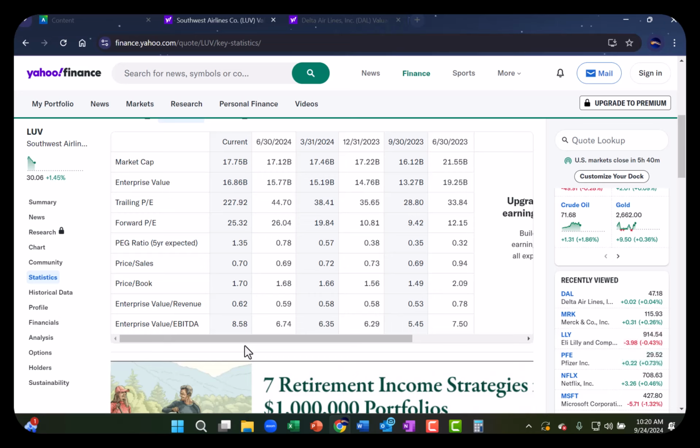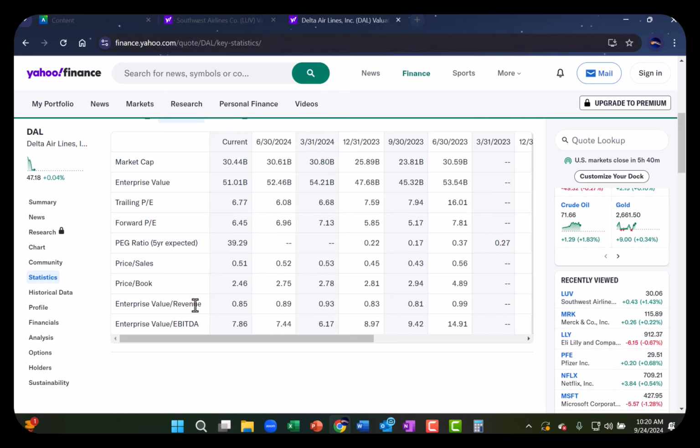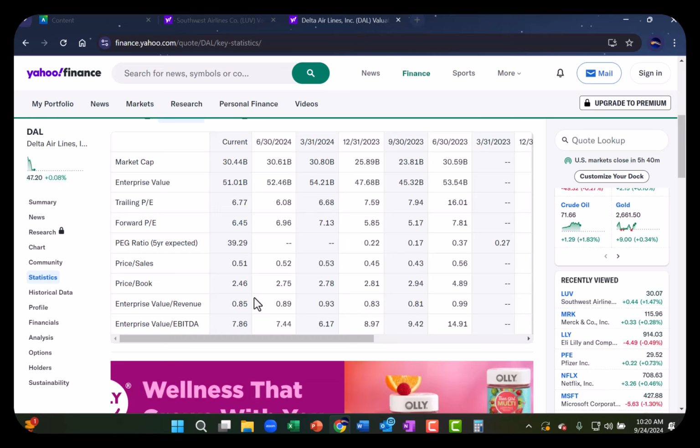That is not the market value of equity. So market basically says, I'm going to attach a 70% premium to the book value of Southwest's equity. On the other hand, the same number for Delta is 246. So market attaches 146% premium to the book value.